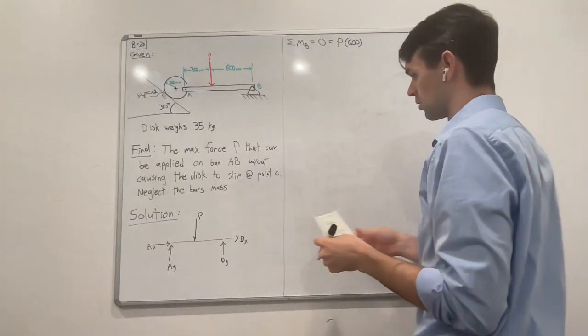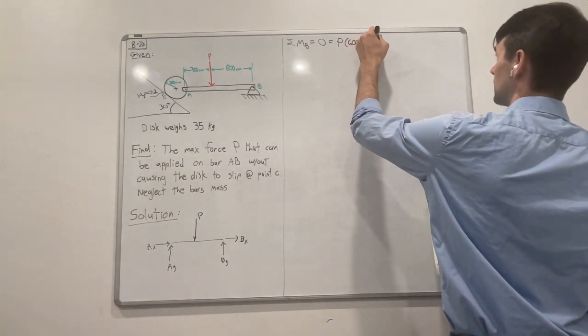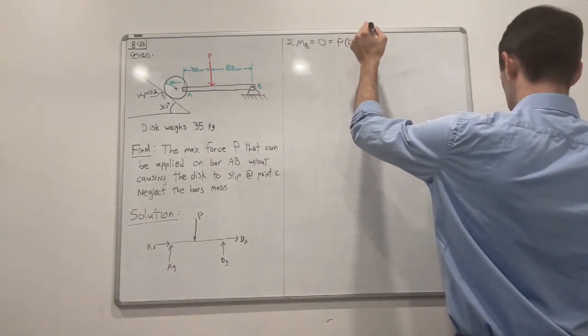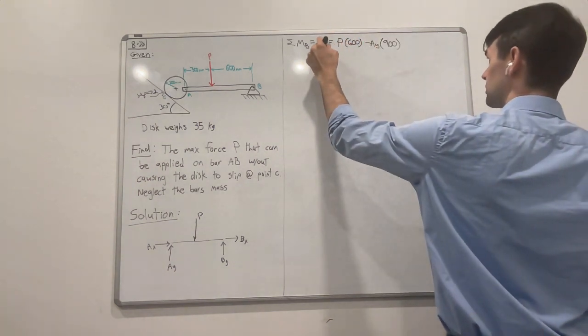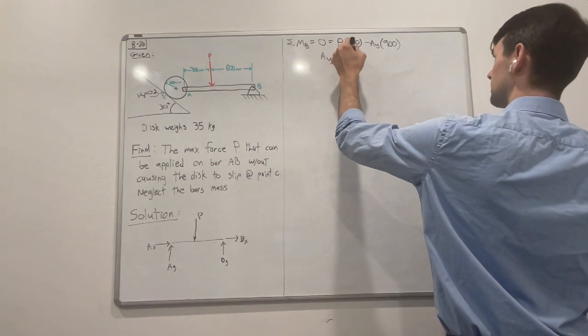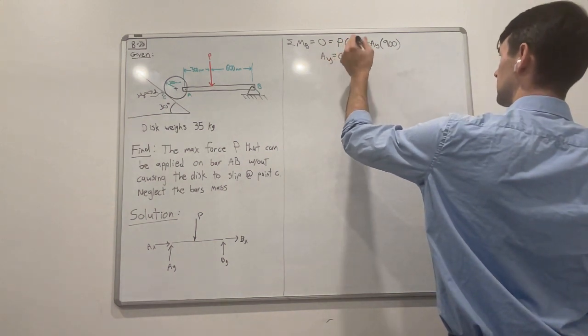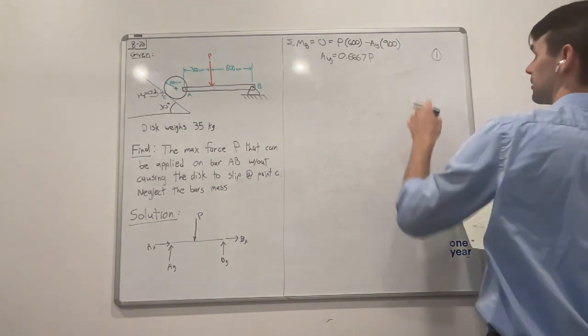And then the way I've drawn AY will be negative, so I'll say minus AY times 900. And what that ends up telling me is that AY is equal to 0.6667 P, or 2/3 P, if you prefer. So let's hold on to that.